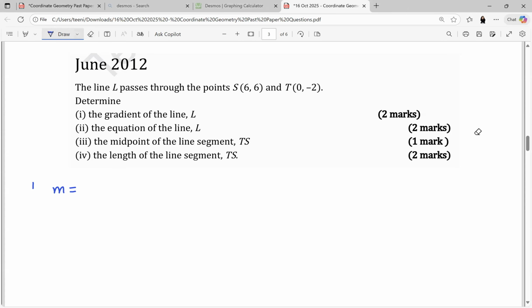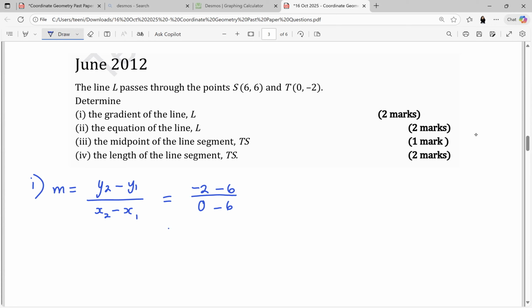Right. So the gradient is equal to y2 minus y1 over x2 minus x1. If I'm using the point T as my x2, y2 point, the y coordinate there is -2, take away the y coordinate of S, which is 6, divided by the x coordinate of T, which is 0, take away the x coordinate of S, which is also 6.